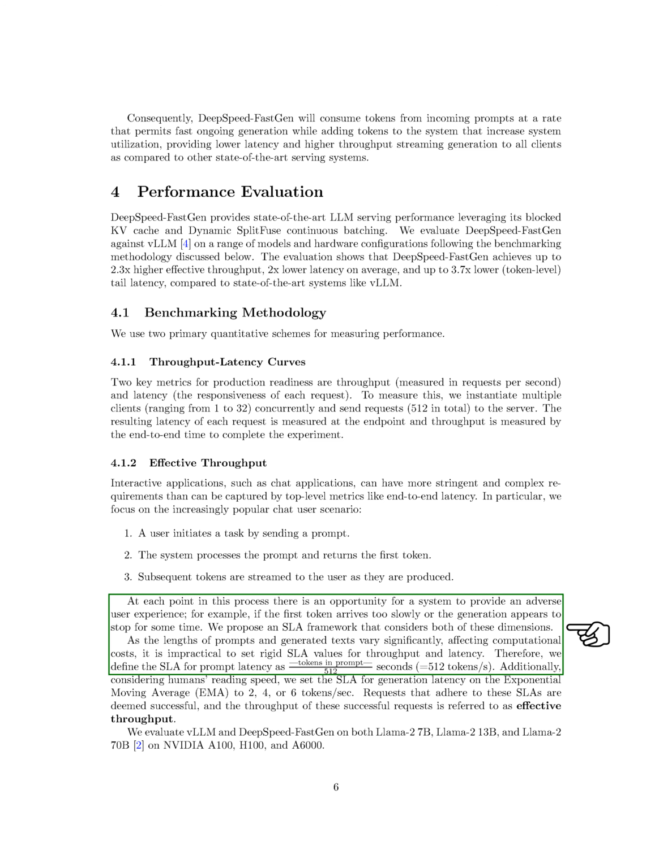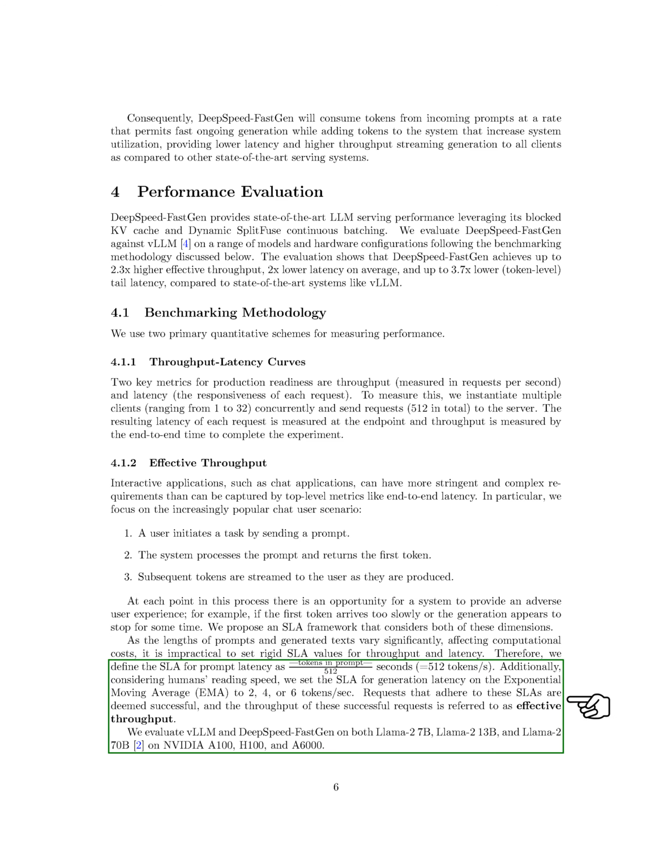Given that the lengths of prompts and generated texts can vary greatly, which affects computational costs, it's not practical to set fixed SLA values for throughput and latency. So, we define the SLA for prompt latency as the number of tokens in the prompt divided by 512 seconds, which equals a rate of 512 tokens per second.